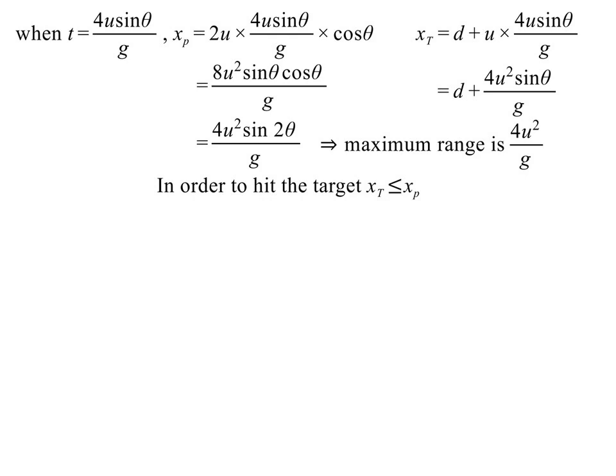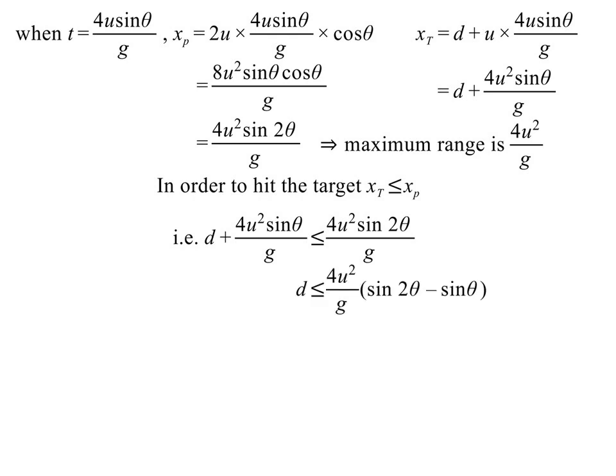Because if it lands before the target, then clearly it can't hit the target, it's further away. So d plus 4u squared sine theta over g must be less than or equal to 4u squared sine 2 theta on g. Playing around with this equation, I get 4u squared. So I now know what the distance has to be less than or equal to.